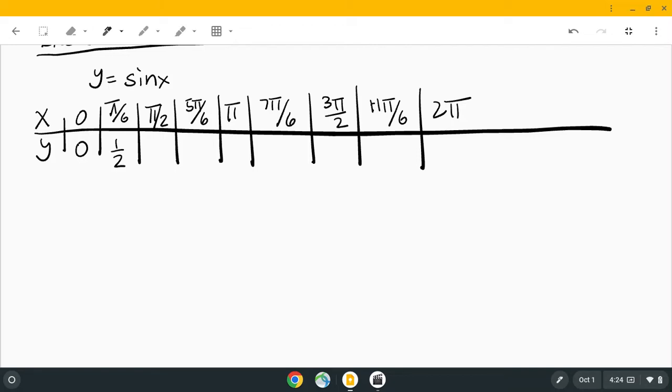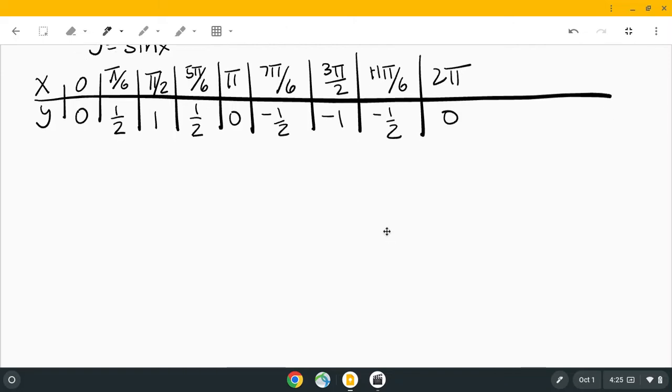Okay, sine of pi over 2 is 1. And then 5 pi over 6 is 1/2. Sine of pi is 0, and then 7 pi over 6 is negative 1/2, and then 3 pi over 2 is negative 1, and then 11 pi over 6 is negative 1/2, and then 2 pi, we're back to 0.